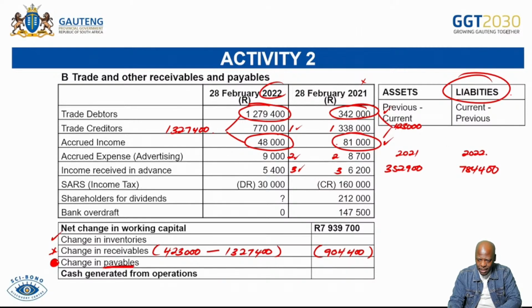These are liabilities. And in my liabilities, I'm going to say current. This is my current. My current is 784,400 minus my previous, which is 352,900. I close the bracket.